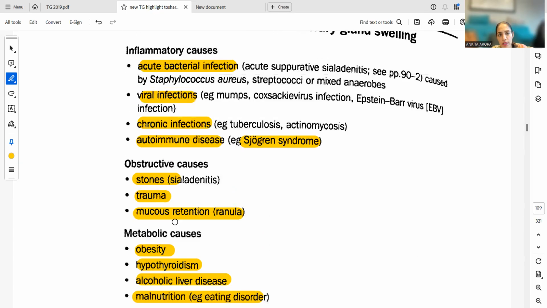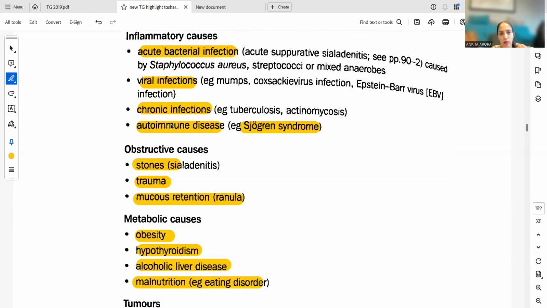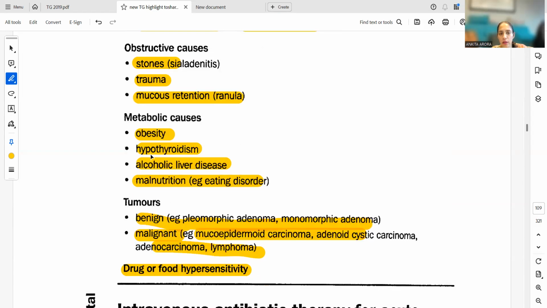The most common are the inflammatory, obstructive and tumor causes, IOT; Internet of Things you would have heard. So IoT from there, and metabolic causes and drug or food hypersensitivity would be much less common, but we can remember IoT and MD separately.